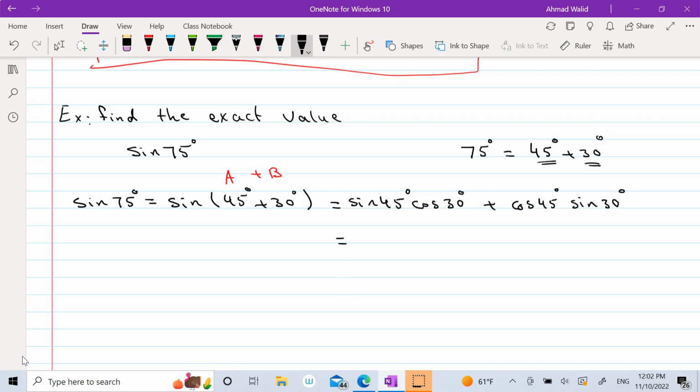Now plug in the values. Sine of 45 is radical 2 over 2. Cosine of 30 is radical 3 over 2.